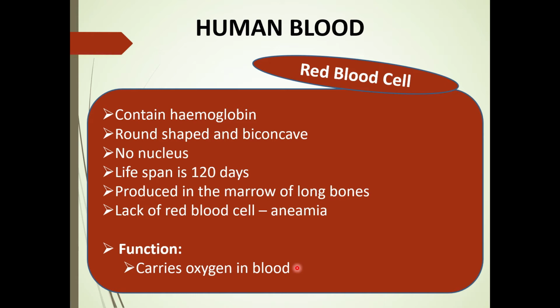If you lack red blood cells, you may have a disease that we call anemia. So what is the symptom of anemia? The symptom of anemia is you feel tired easily, because you have a lack of oxygen.